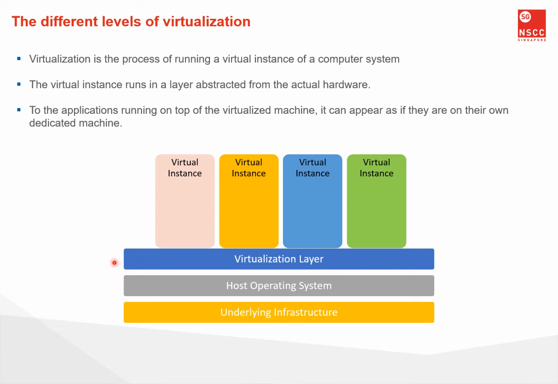And what the virtualization does is that it provides multiple virtual copies of the underlying hardware. So we can now run multiple different virtual PCs or virtual instances on top of the virtualization layer, and each of these virtual PCs or virtual instances, also called virtual machines, will have their own software version of the hardware resources.